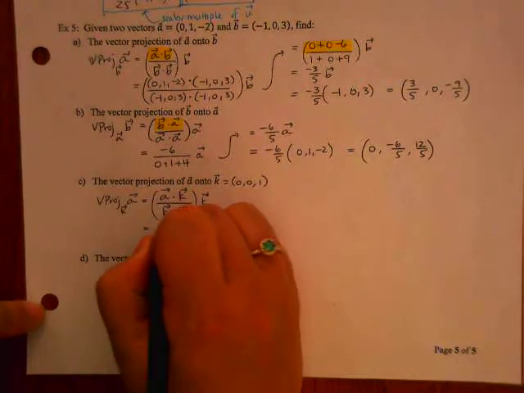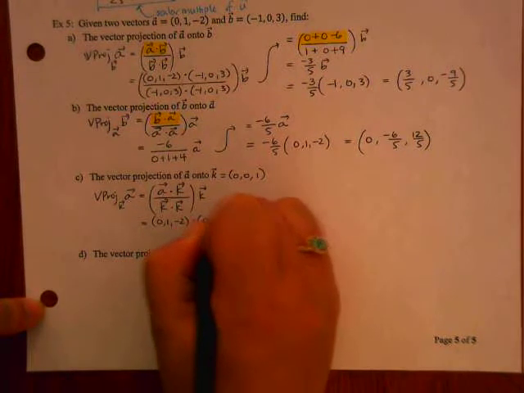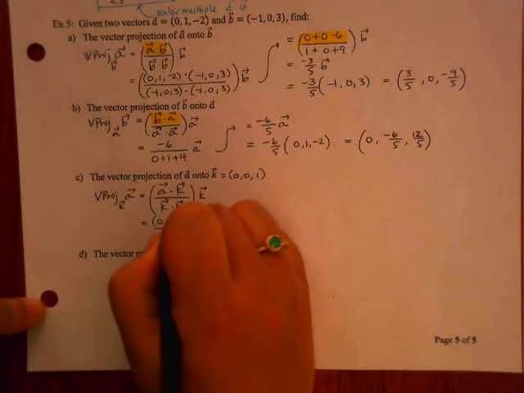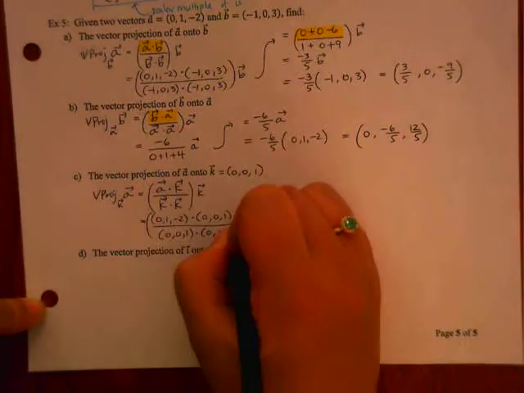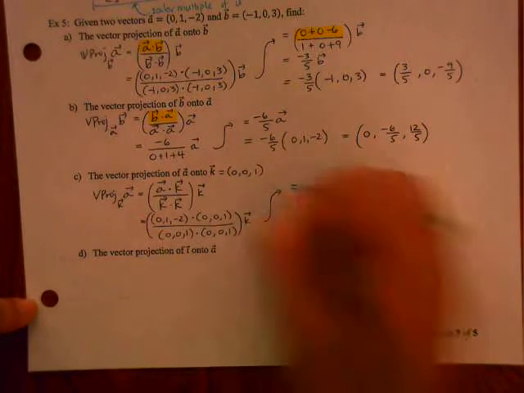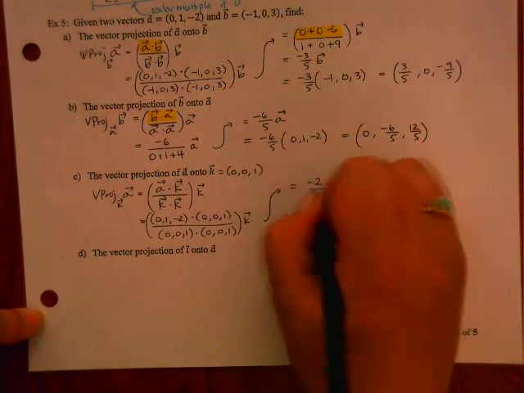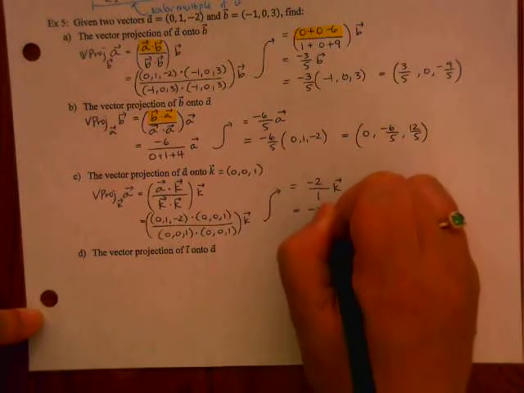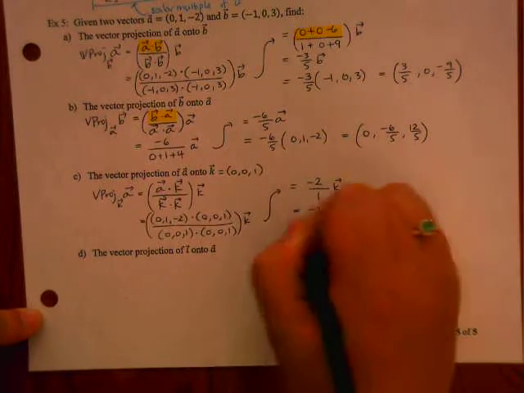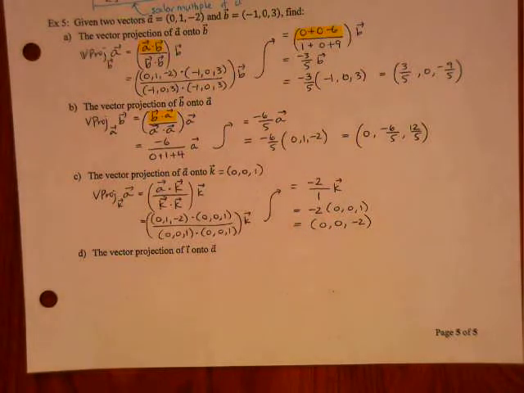If you want to write it out, you have (0, 1, -2) dot product with (0, 0, 1), and then (0, 0, 1) dot product with itself, all in the direction of K. So that's going to be 0 plus 0 minus 2. So you are left with just the z component of the vector A.